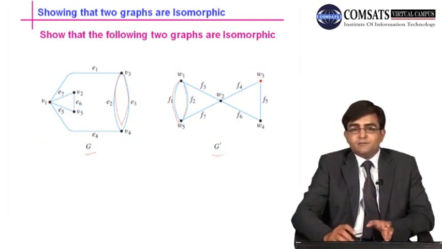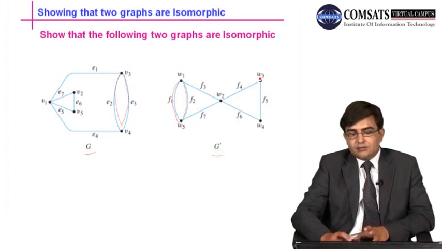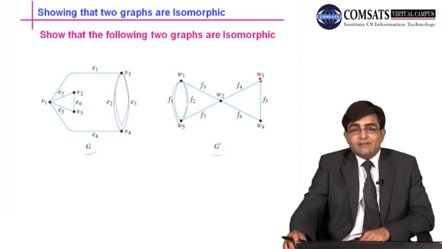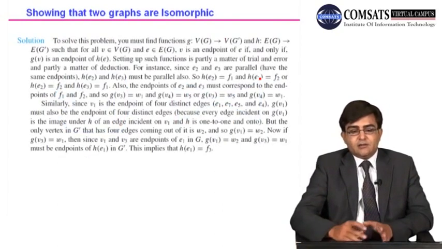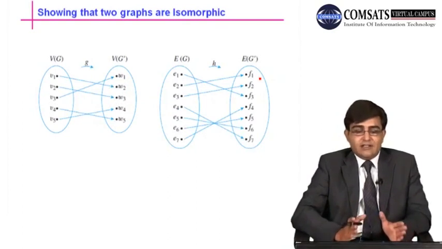You have to care about these things to find the one-to-one correspondence between vertices and edges of G and vertices and edges of G dash. So there is one type of correspondence given here.